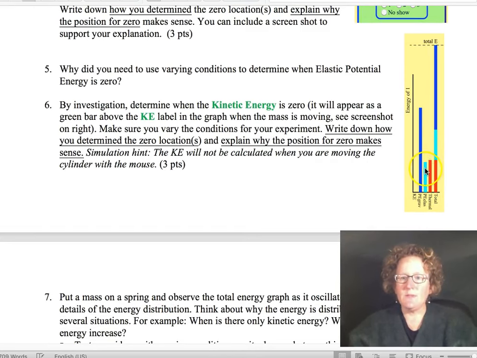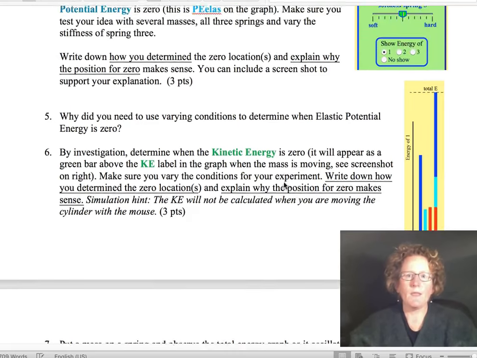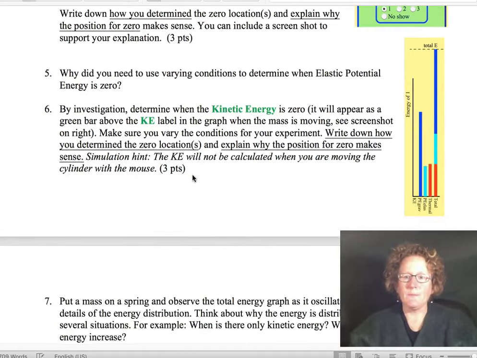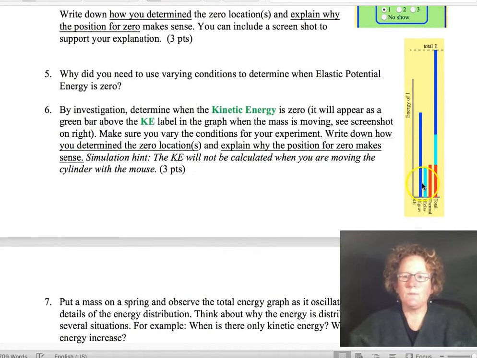If we want to see the potential energy of elasticity, it's this turquoise bar here, and you can see they add up all the different kinds of energy here for a total energy bar. So it's your job to put a mass on the spring, and watch this graph to figure out when potential elastic energy is 0.